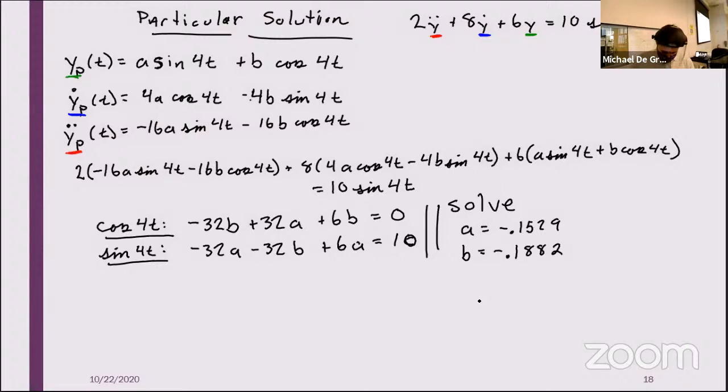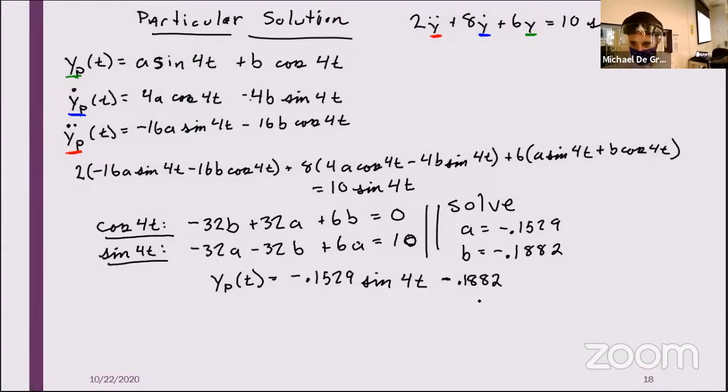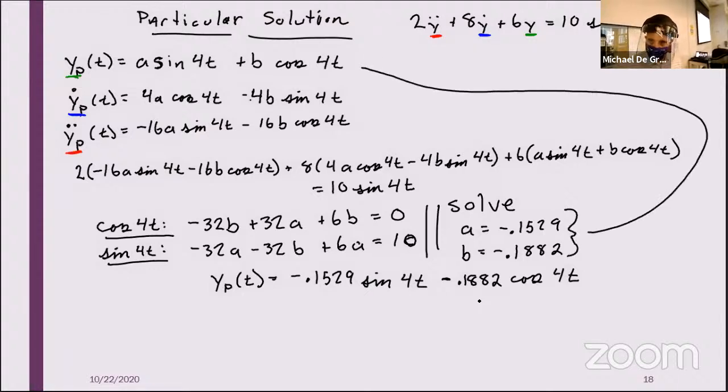So then I can write my particular solution, which is equal to negative 0.1529 times sine of 4t minus 0.1882 times the cosine of 4t, right? Where did that come from? I just took A and B and put them back into this equation, right?